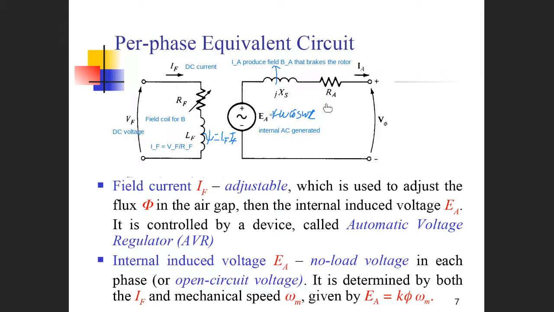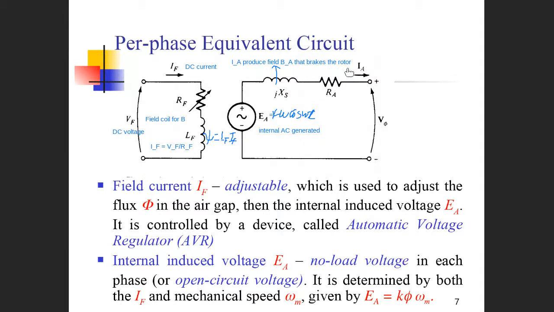If the armature current is non-zero, then the armature current produces a field, we say BA, that breaks the rotor. So you have the rotor rotating. However, once there is a current on the armatures, this current produces an additional magnetic field, which works against the field produced by the rotor. So this field works against the rotation of the rotor. In other words, this tries to break down the rotor.